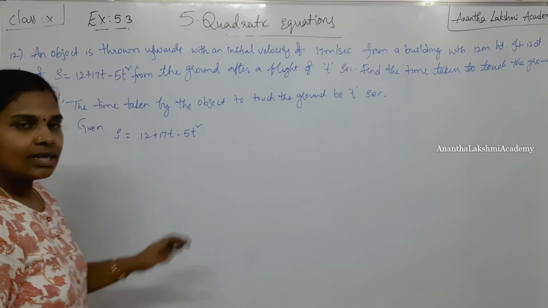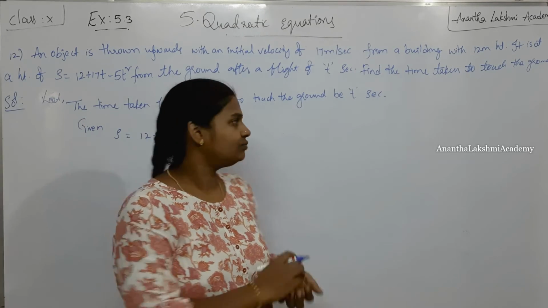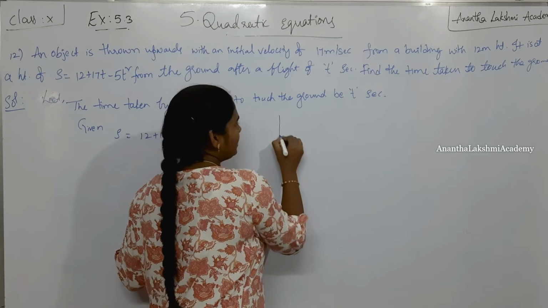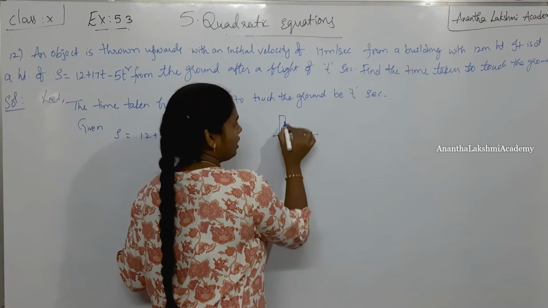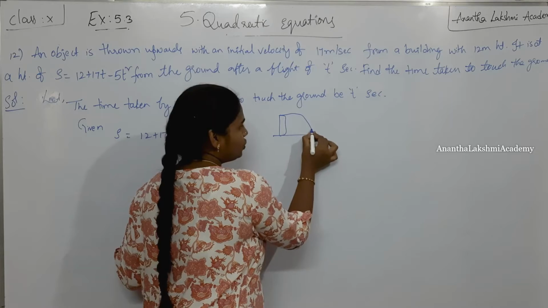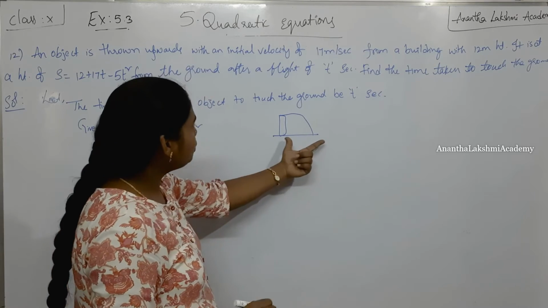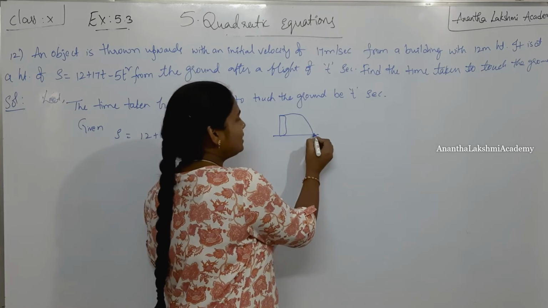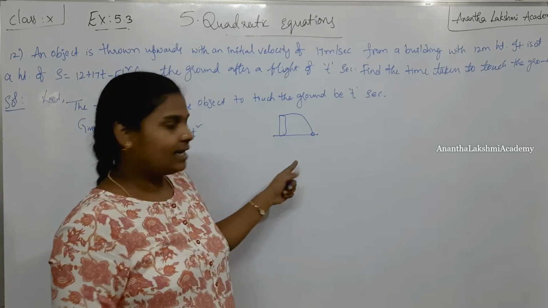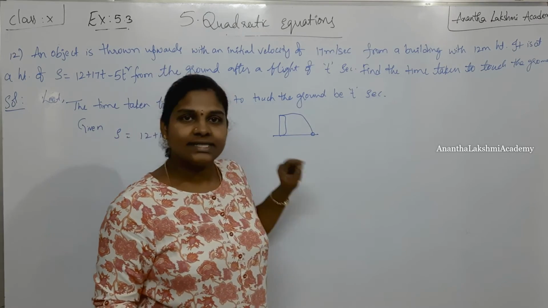Now the object should touch the ground from a building. Let us assume this is a building and this is the ground. From here it is thrown and it should touch the ground. When it touches the ground, the height from the ground is going to be 0.